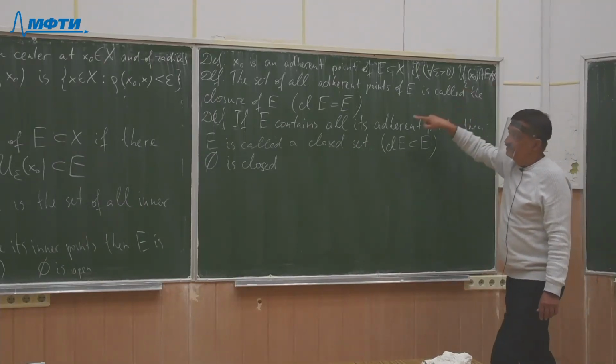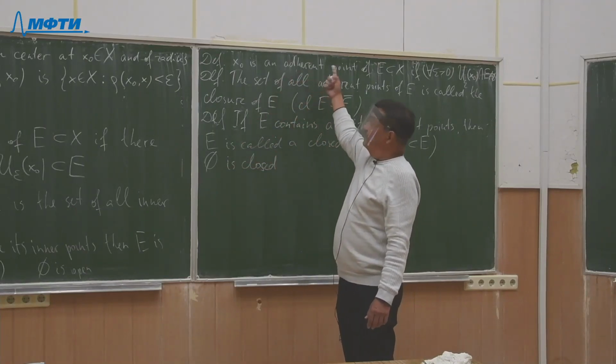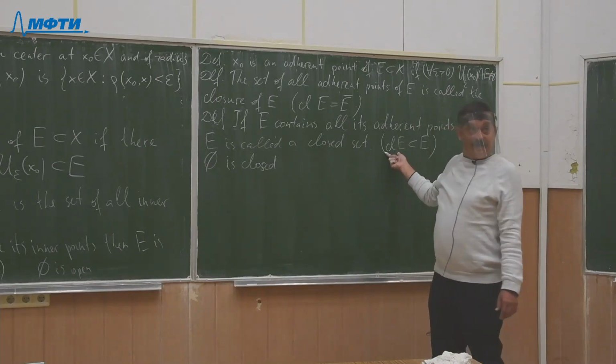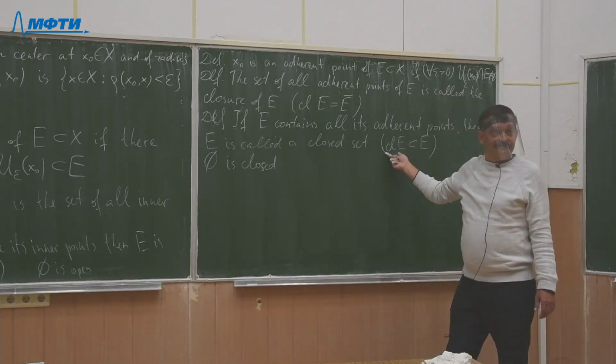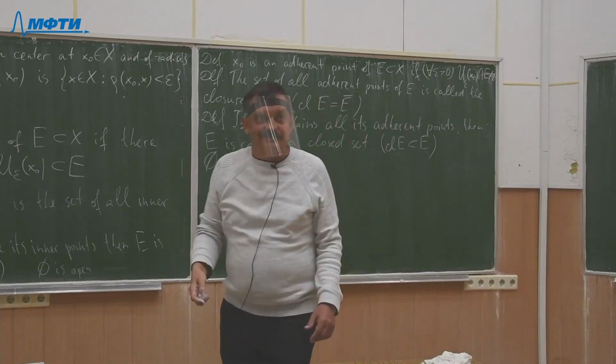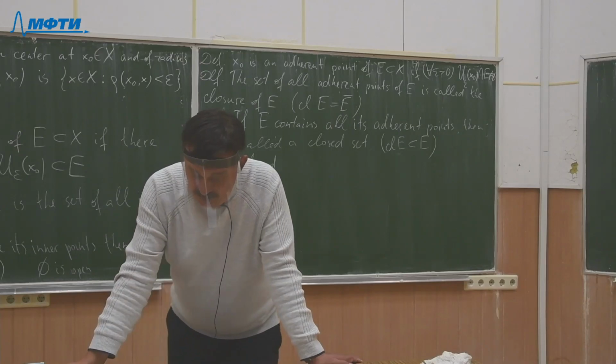It means empty set has no adherent points, so closure is empty. Empty set is a subset of empty set, right? That is why, indeed, empty set is closed.